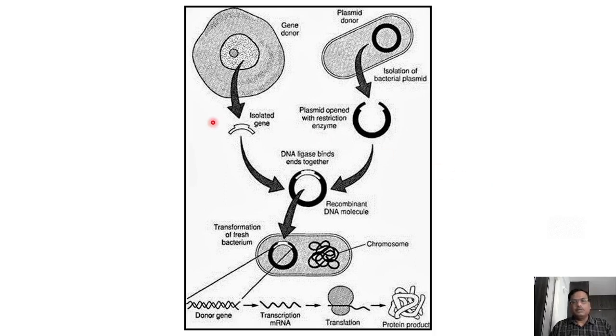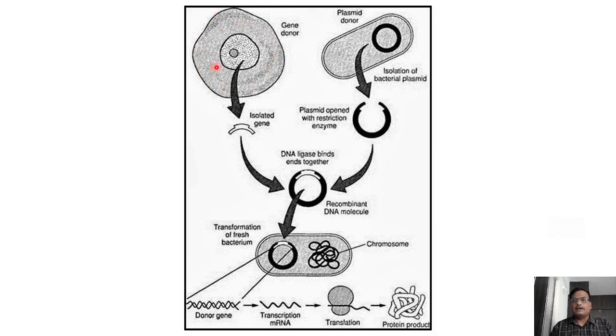Here, in brief, you can understand how recombinant DNA technology works. This is the cell of our organism of interest, and I want to isolate a gene from this particular organism.